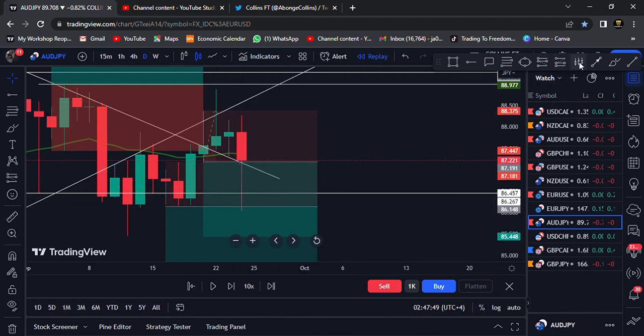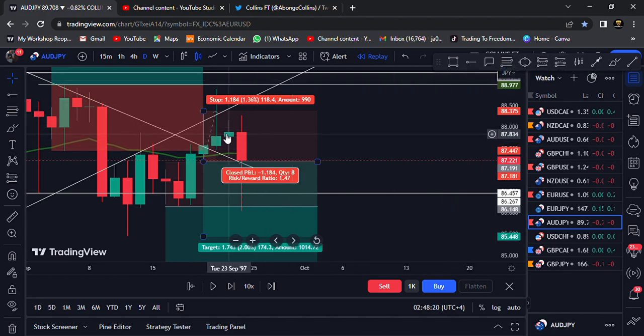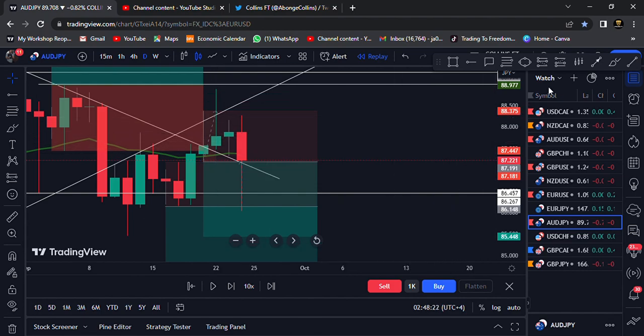So this is something where you just keep your phone, then you take a nap, you wake up, you are already up in profits, the market is closed, your balance has increased, and you'll be wondering what the hell happened. It's just because it was so swift. And it's one of the good things about stops. You are sleeping and you are making money.